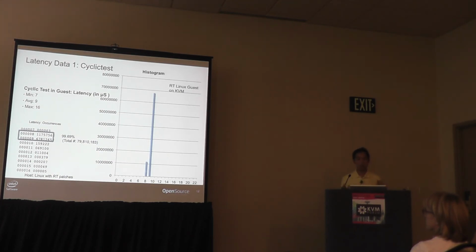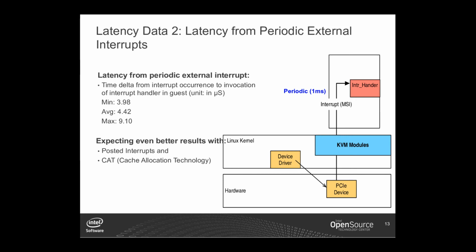But this is a cyclic test, and it's not using a PCI device, or when a system needs to work with PCI NIC devices, this may not reflect what you see. Now I have other data which uses real hardware.